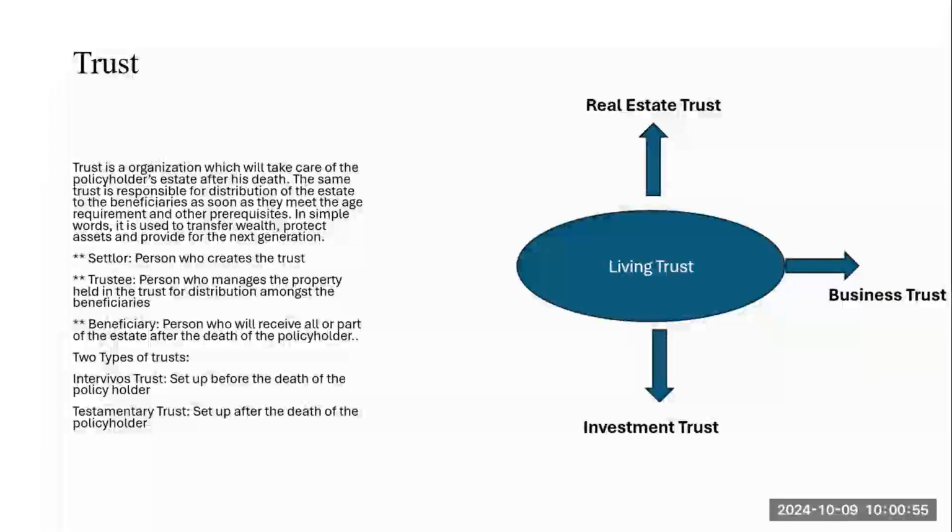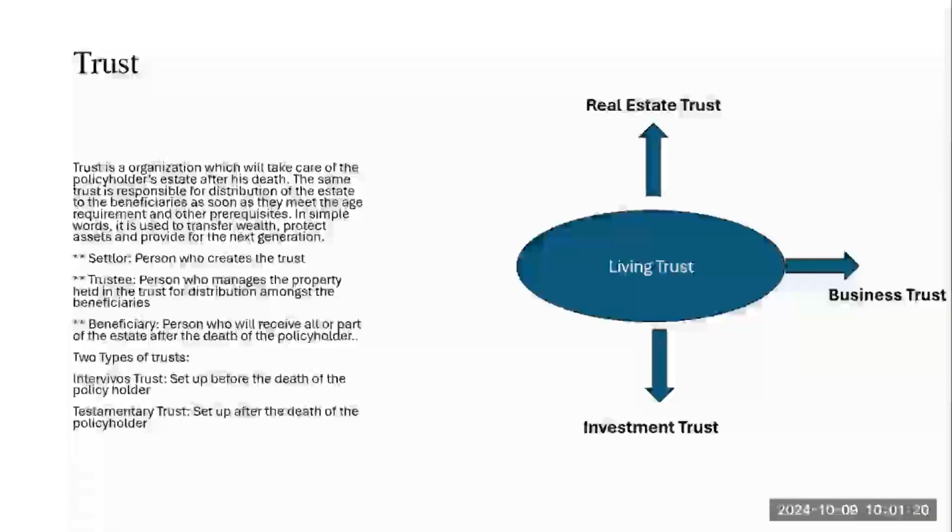All right. Let's move on to trust. Okay. Now, by definition, trust is an organization that will take care of your policyholder's estate after his death. So if something happens to the policyholder, your trust, whether your inter vivos trust or your testamentary trust, will take care of the estate of your policyholder.